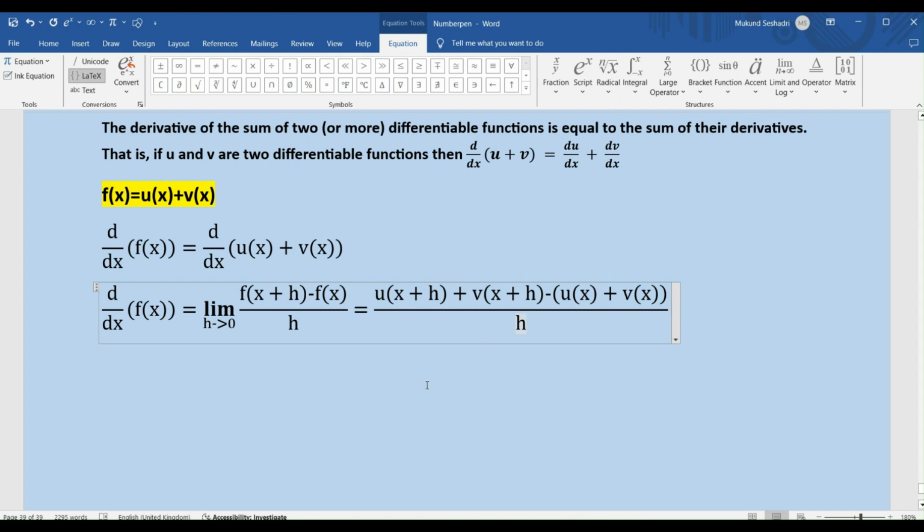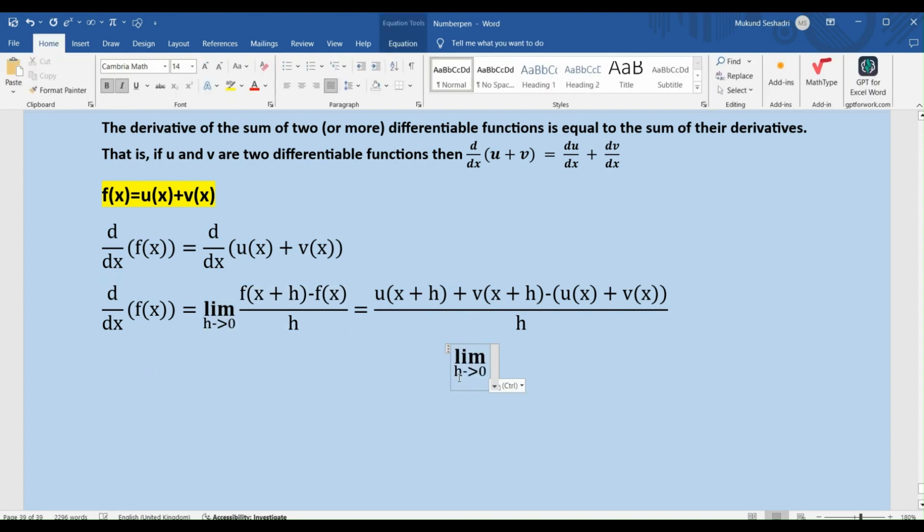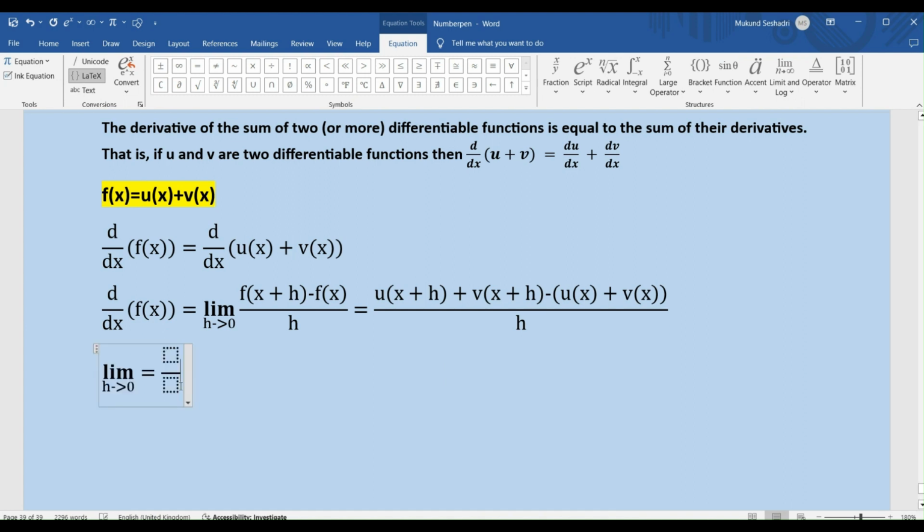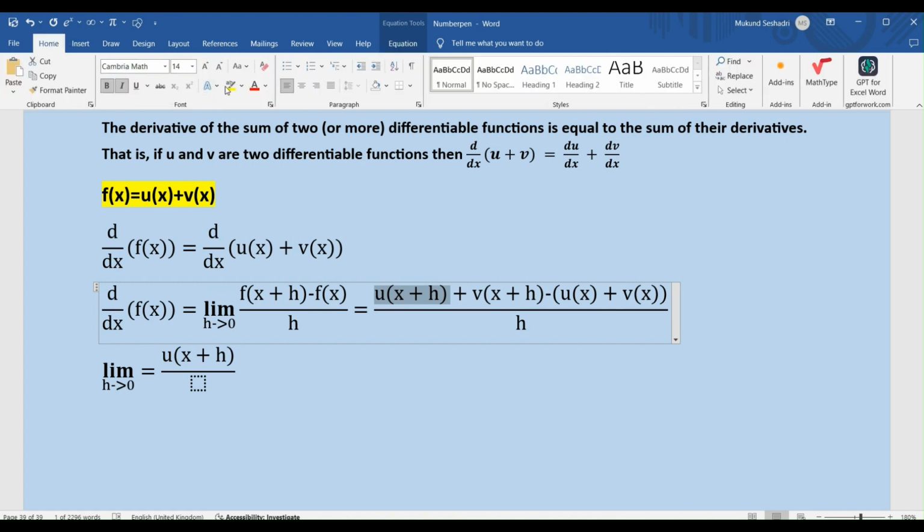And looks like I can rearrange this function, right? I'm going to combine my u terms and I'm going to combine my v terms and just rearrange the numerator of this equation in the subsequent line, right? So let's do that and let's see what we get. My u of x plus h, when I combine it with u of x in the numerator, I'm going to combine these two terms, right?